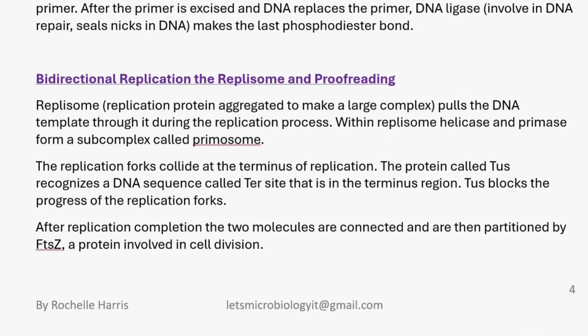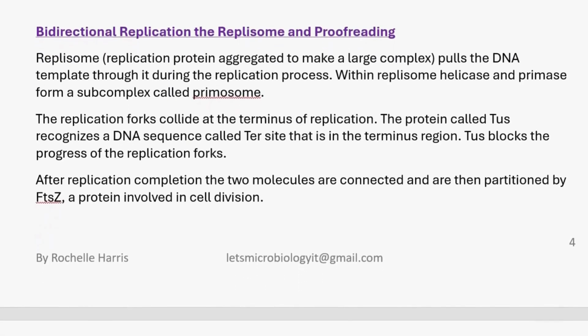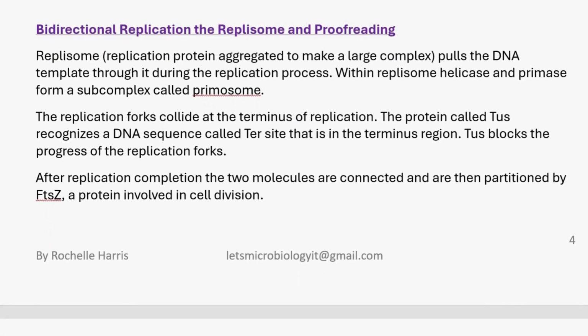A large protein complex known as the replisome orchestrates this process, pulling the DNA template through it while synthesizing new strands. Within the replisome, helicase and primase form a subcomplex called the primosome. As replication continues, two replication forks move towards each other until they meet at the terminus region.